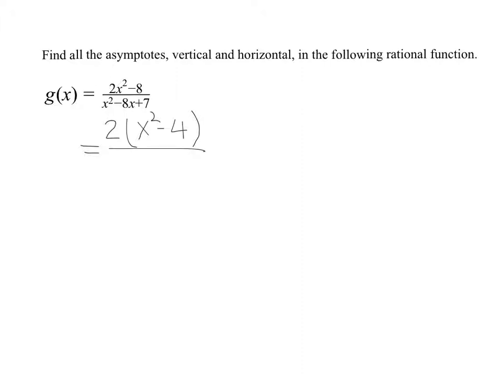And our denominator, x squared minus 8x plus 7, is going to factor as (x minus 7)(x minus 1). So to make sure that there aren't any holes in our function, we do have to finish factoring our numerator. So x squared minus 4 is a difference of squares. It factors as (x minus 2)(x plus 2).